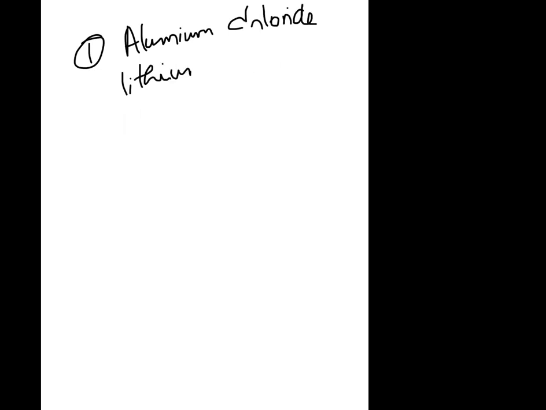We are going to write the formula for aluminum chloride. Lithium sulfide. So we're only doing the first 20 elements. We're not doing the polyatomic ions just yet.